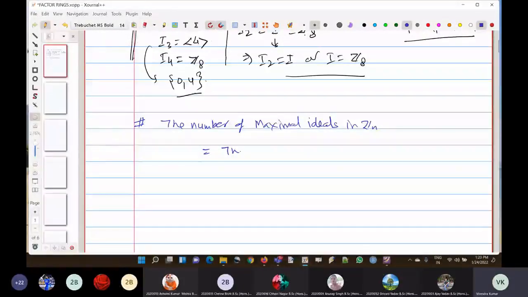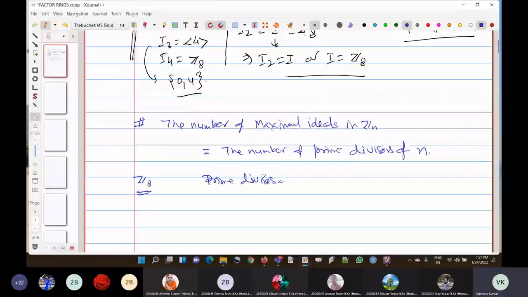The number of prime divisors of n. Okay. So for example, just we have taken Z8. In Z8, the prime divisors of 8 are, what are they? 2, anything else?